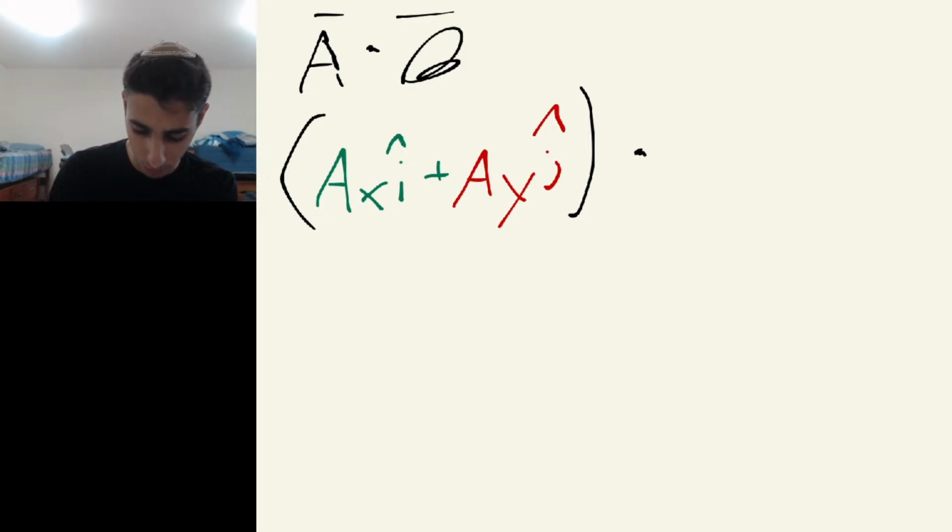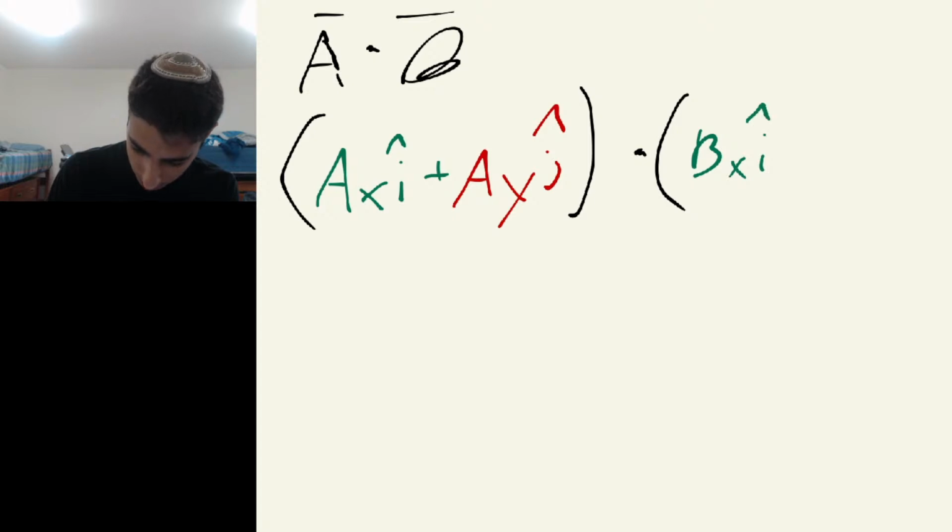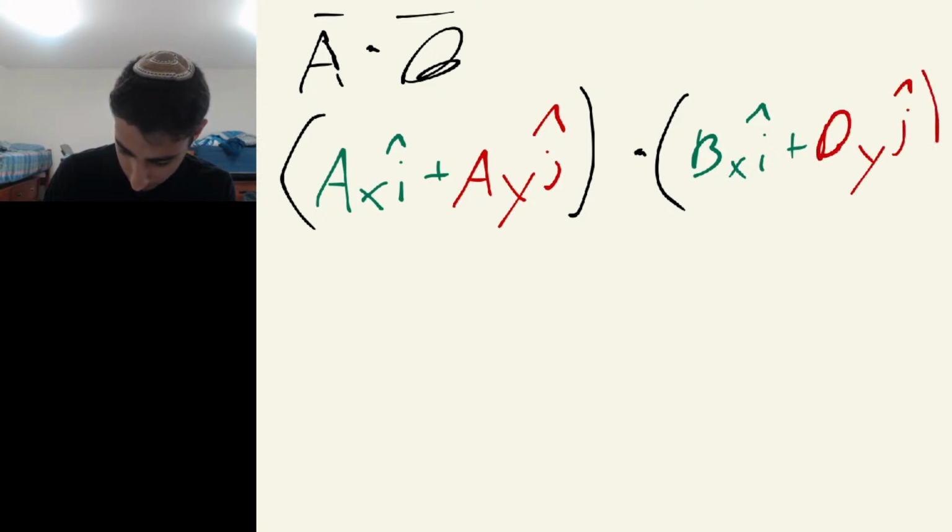That dot product with bx times i plus by times j. Okay? So now we just FOIL, and we'll get a scalar.